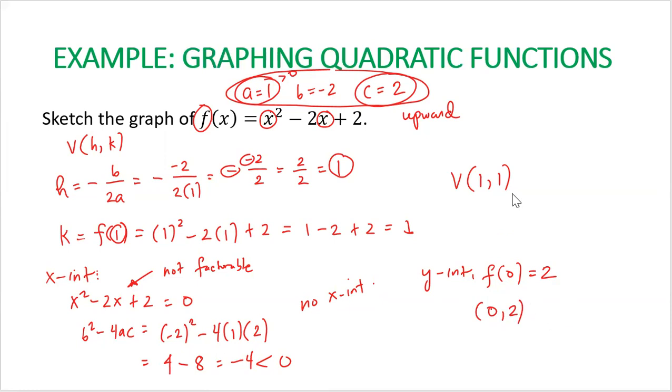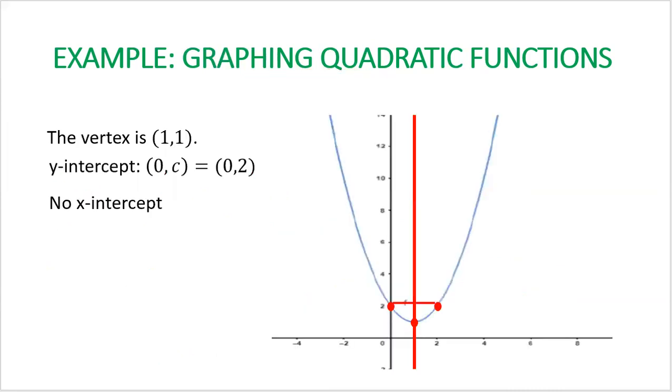So since we have the vertex and another point on the parabola, which is the y-intercept, we can plot the vertex, which is 1 comma 1, which is this point here. And then we plot the y-intercept, which is 0 comma 2, which is this point.